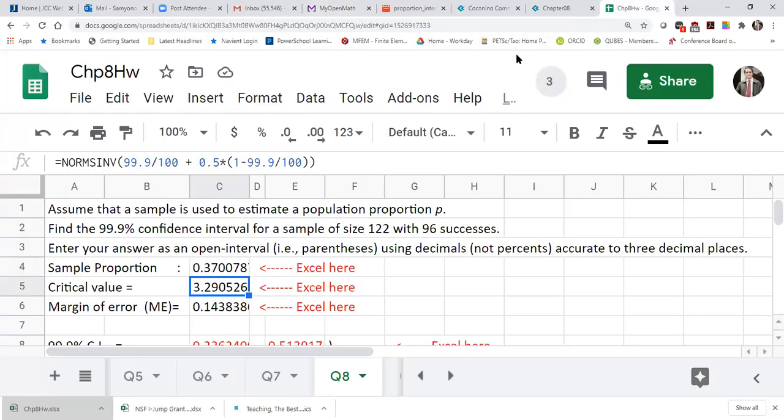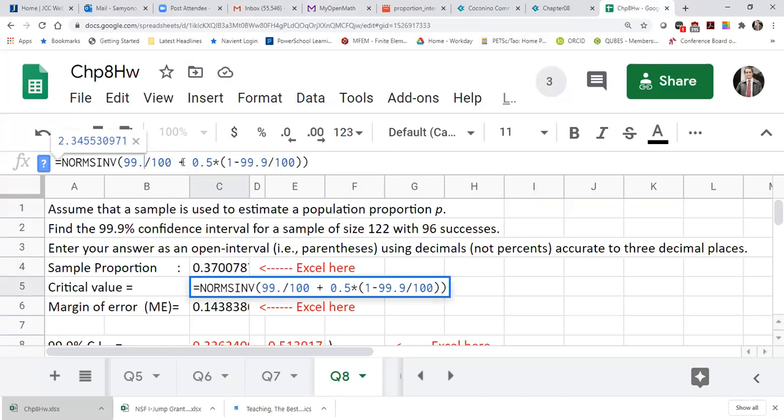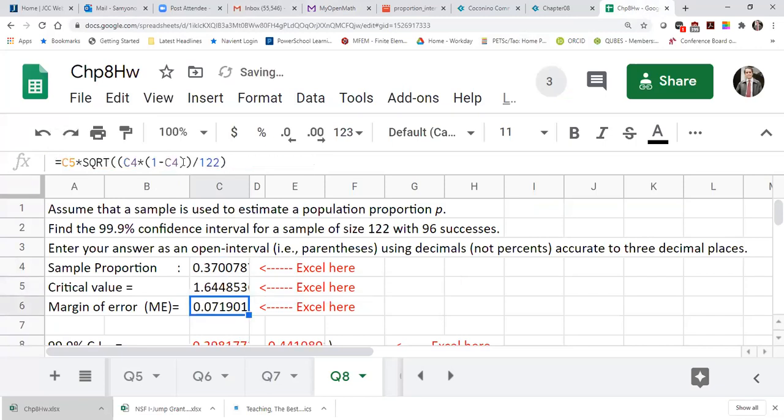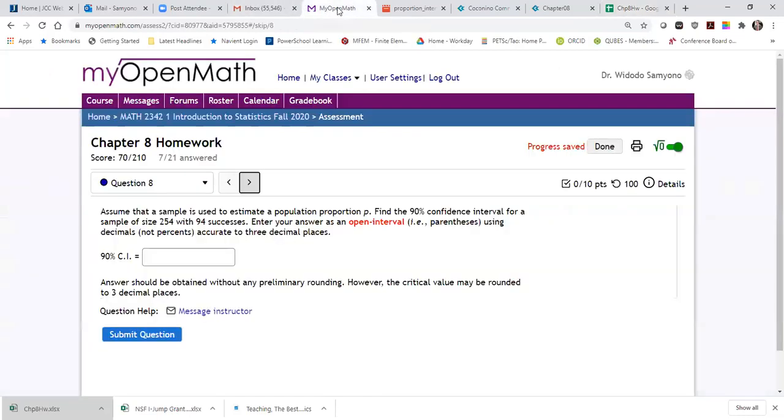So you need to change this one to 90, and this one also to 90. Enter. For the margin of error, which one do you need to change? This number, because the sample size is 254, right?